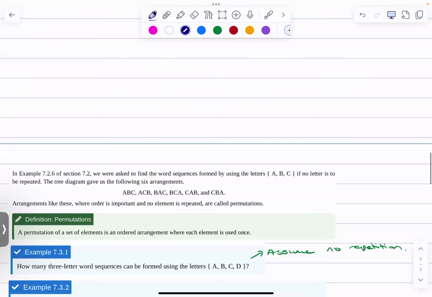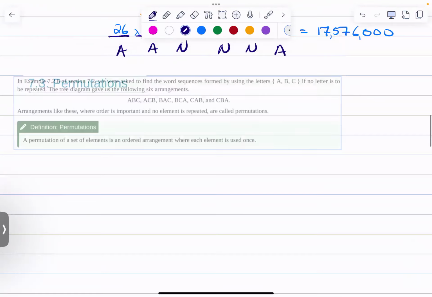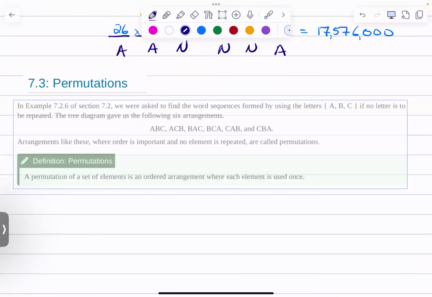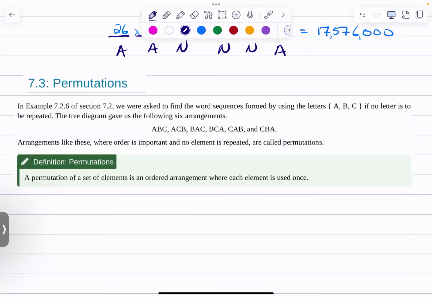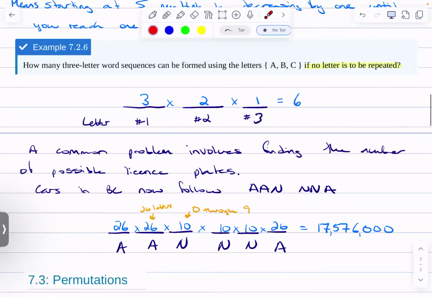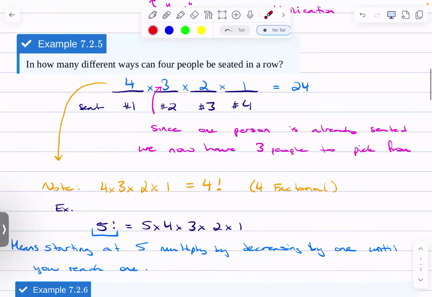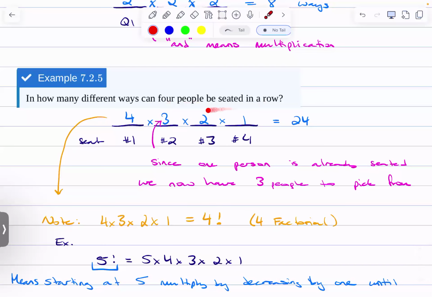So let me see here. Let's talk permutations. What we were doing is called permutations. Especially here, when we were talking about 4 people seated in a row, right? And I incrementally remove a person because they're already seated, and it doesn't matter who's been seated.